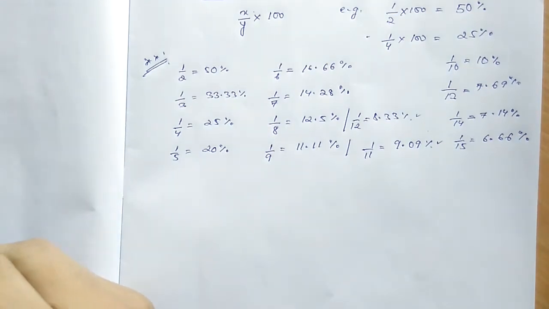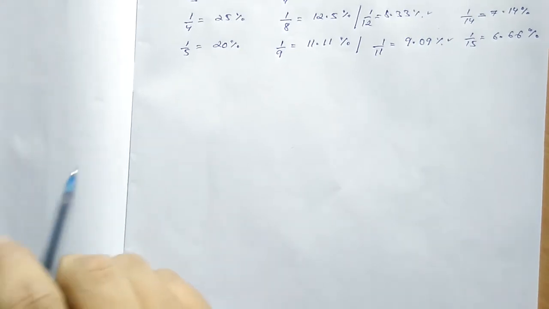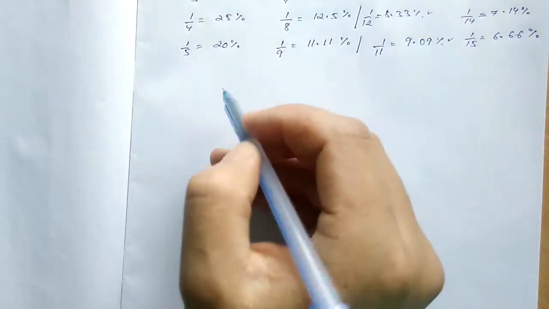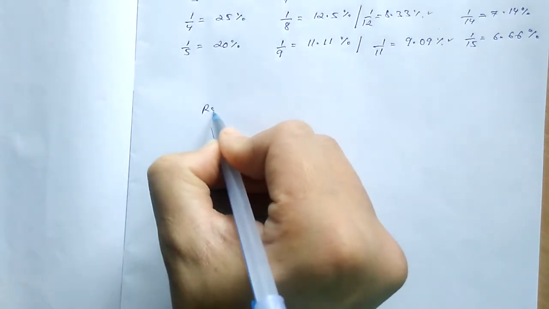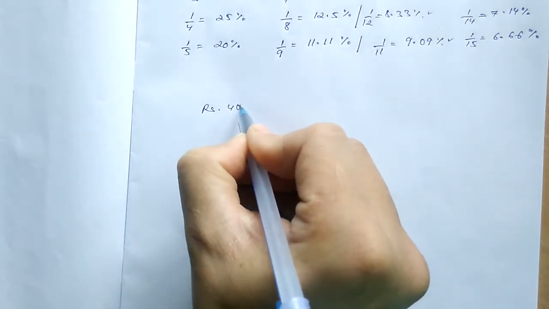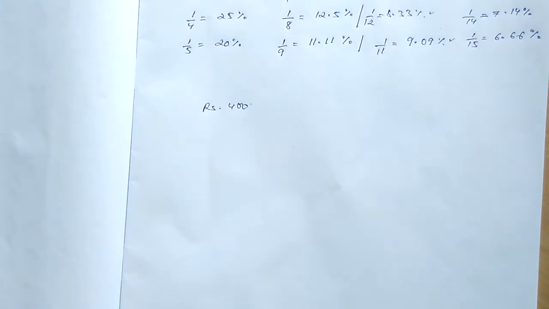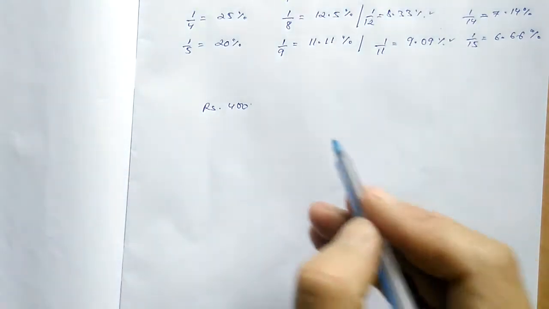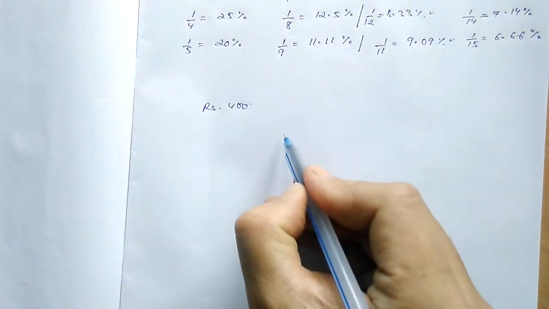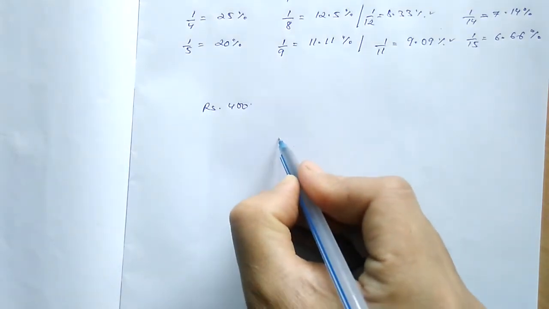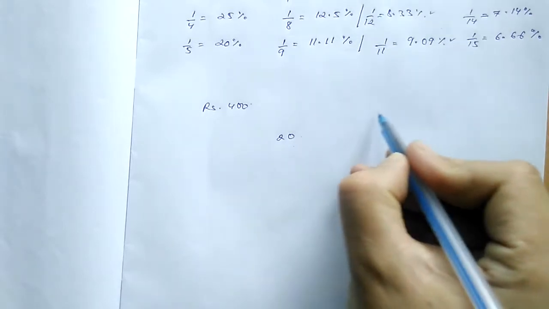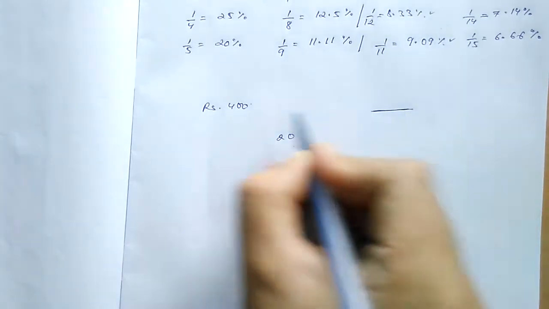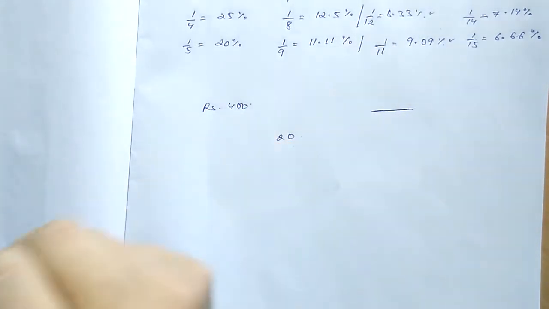Now we will come to a very important concept of percentages. Let's say I have 400 rupees. If my money is increased by 20%, what will be my new amount? I have 400 rupees in my pocket.